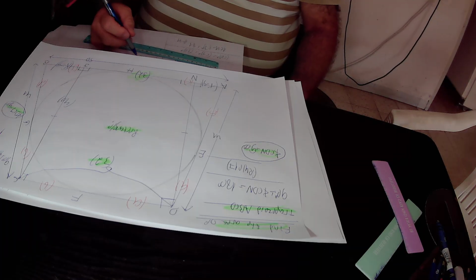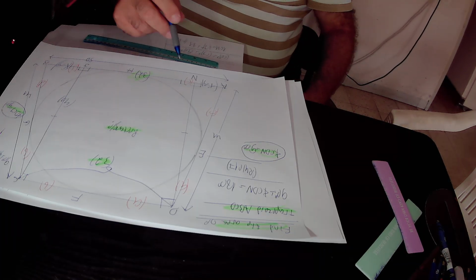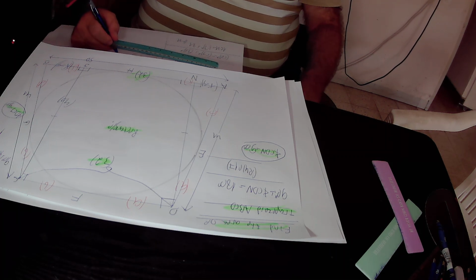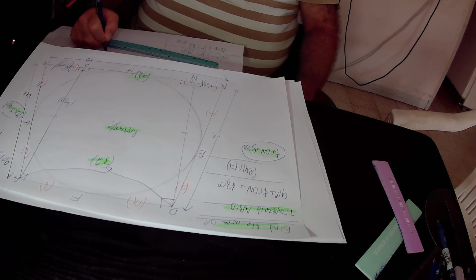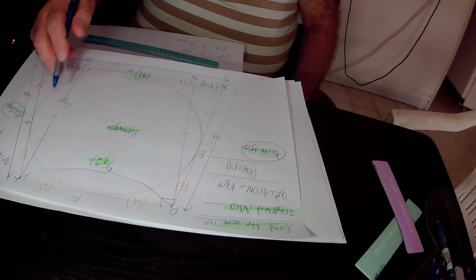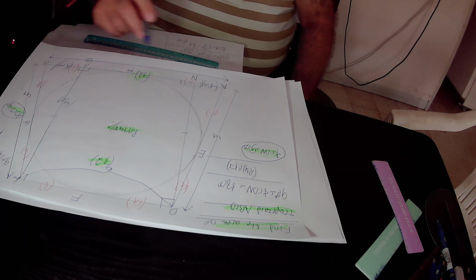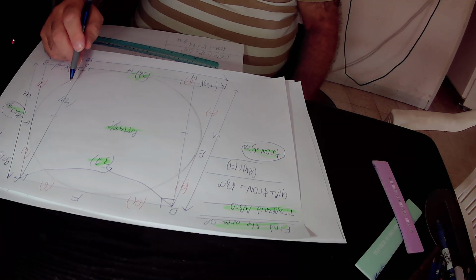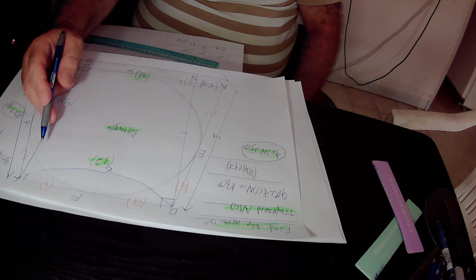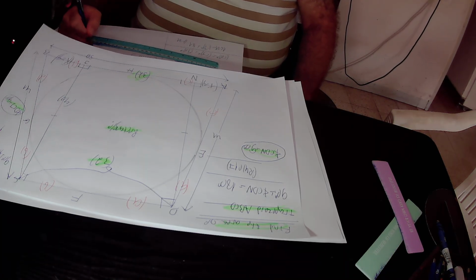The two parallel bases are DC and AB. So it is DC plus AB times the height over 2. The height is CJ because it creates 90 degrees with the base AB, and also creates 90 degrees with the other base CD. So the height is CJ divided by 2.